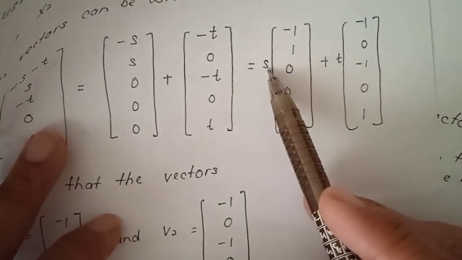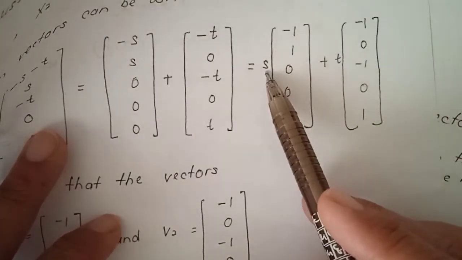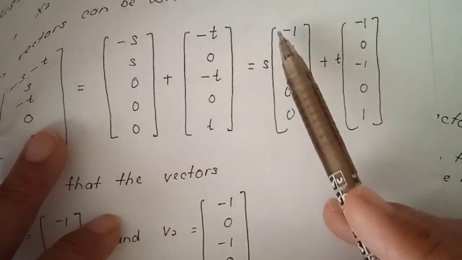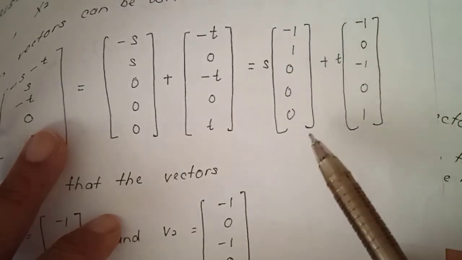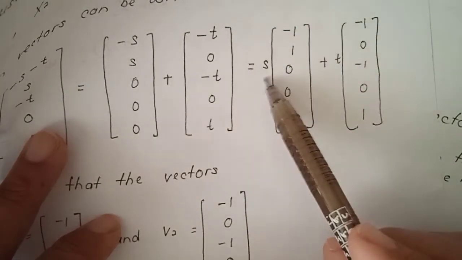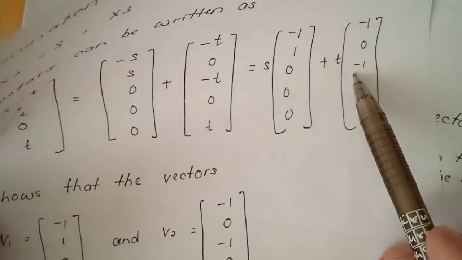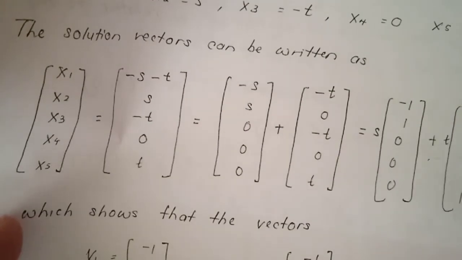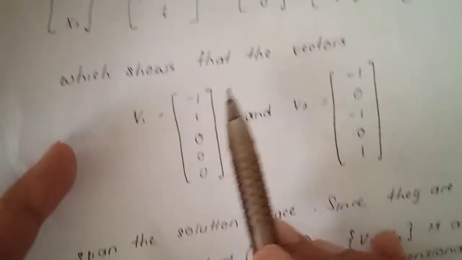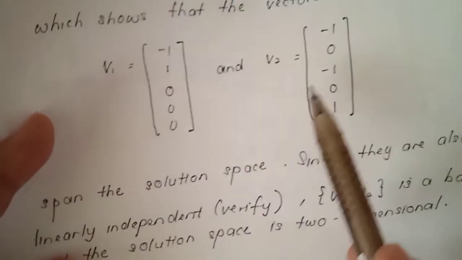We simplify, taking variable s out and t out, and only values inside. So we have s times this vector plus t times this vector, and these two vectors become v1 and v2.